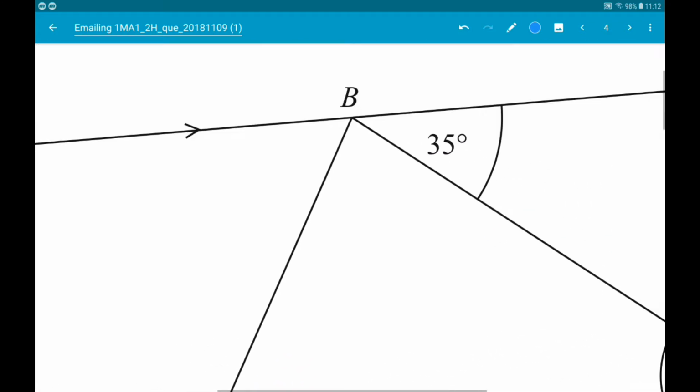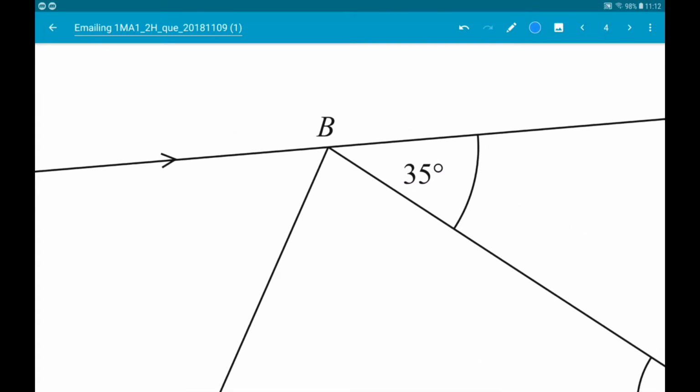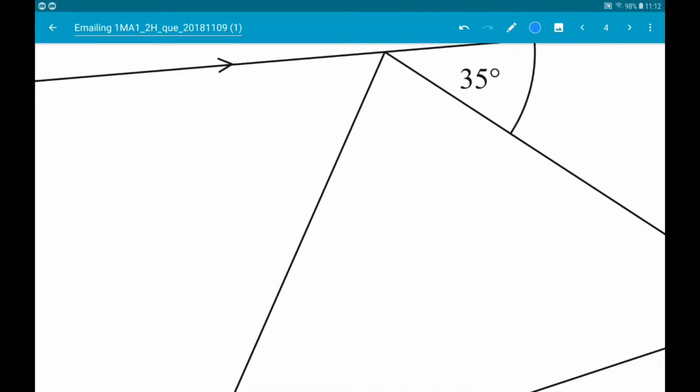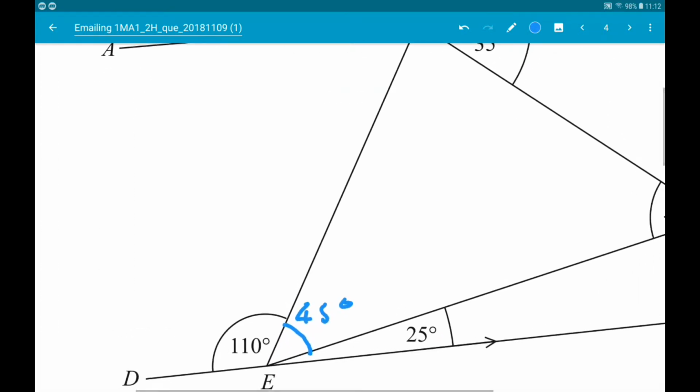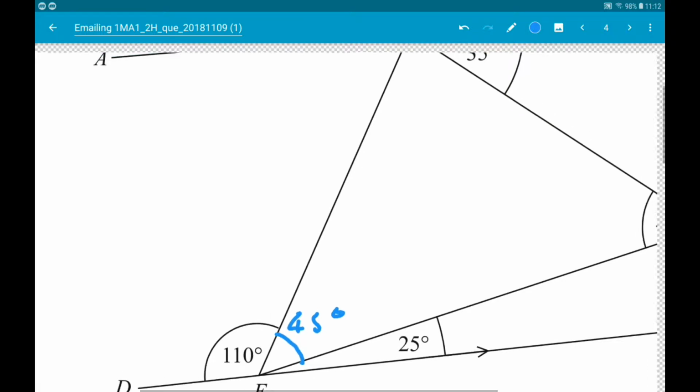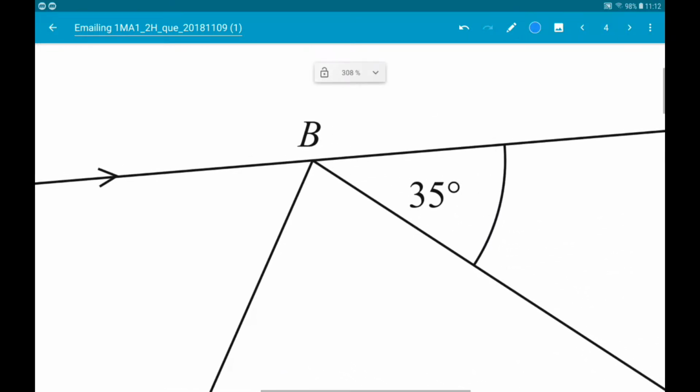Can we do anything up here? Well, this is where the angles now between parallel lines come in handy. So this angle of 110 and this angle here are what we call co-interior. Co-interior angles add to 180.